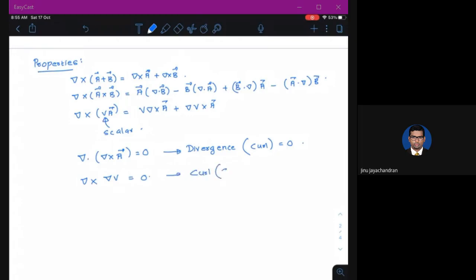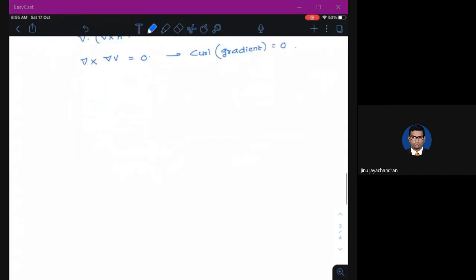So these are some of the properties. Similar to the divergence theorem, for curl you have something called Stokes theorem. It is not Ben Stokes, it is a different Stokes.